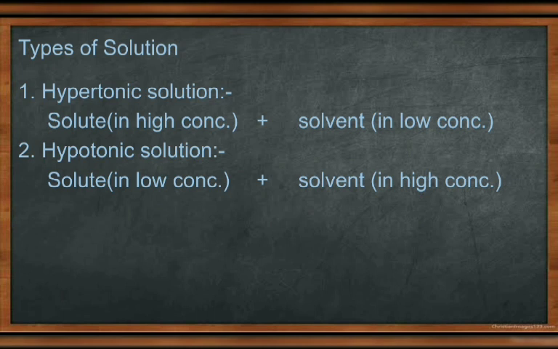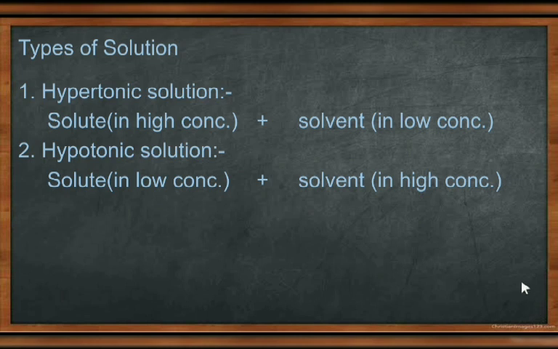In that solution, the level of water, it means solvent, is higher, and the level of solute, that is sugar, is lower. So the solution which we created is called what? The hypotonic solution. Okay, is this clear?